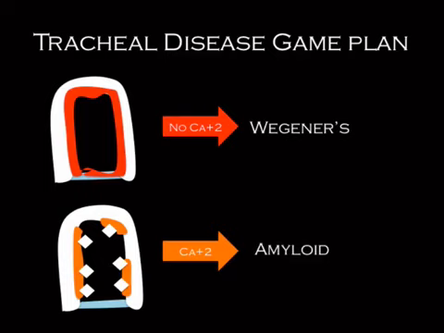So amyloid, which is a deposition disease, right? That's how I remember that it's depositing calcified hunks of stuff, versus Wegener's, which is just more of a diffuse process. So remember, Wegener's, C-ANCA, involves the trachea about 15% of the time.